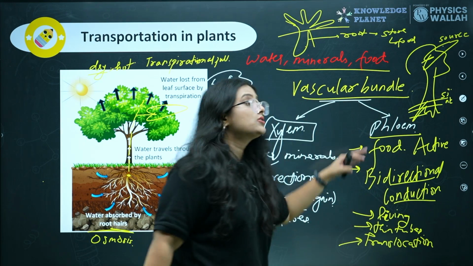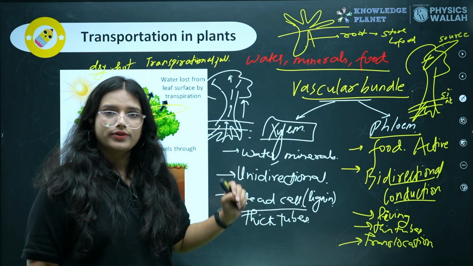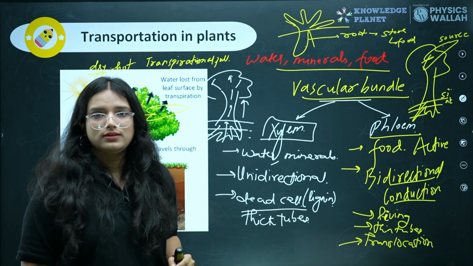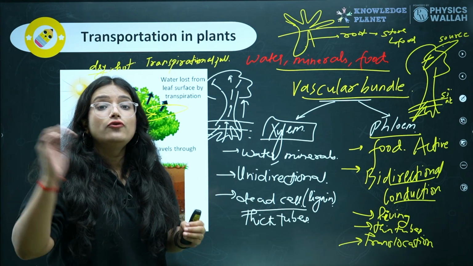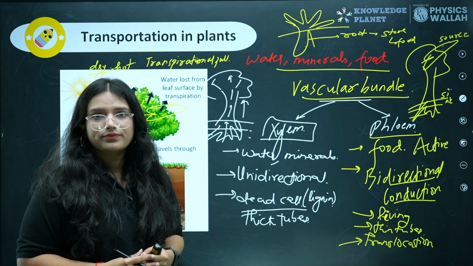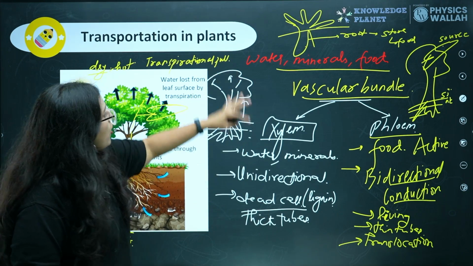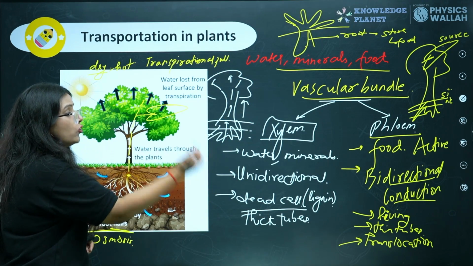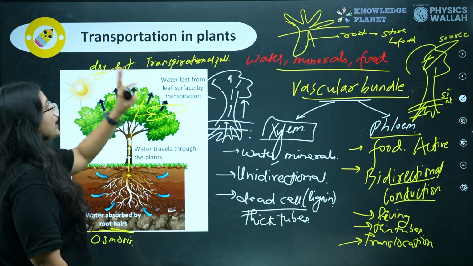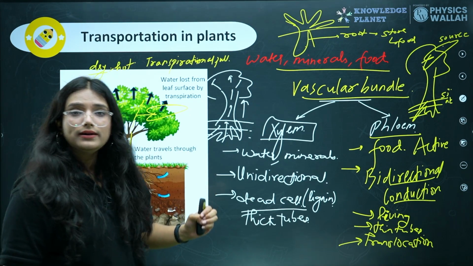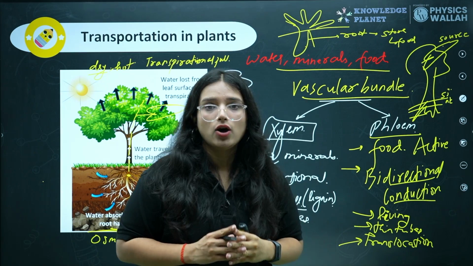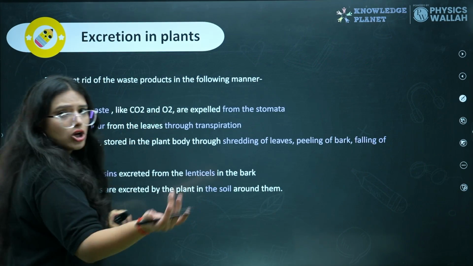Okay, that happens with the help of phloem. The conduction of food is known as translocation. Now, that's how the water, food and minerals get transported in the plants with the help of vascular bundles, xylem and phloem. Okay, now moving forward, let's talk about excretion.